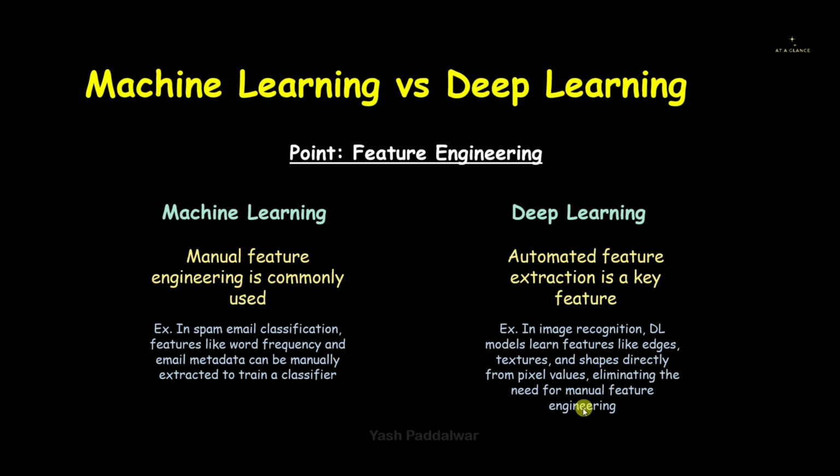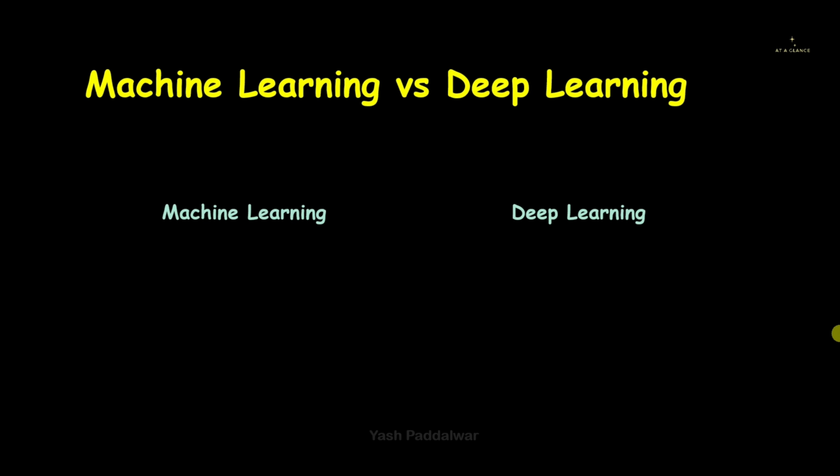That means the unstructured data. Here we do not have to manually extract and feed structured features into the model. We just have to feed the raw data and it will automatically do the feature extraction as well as the modeling. So this eliminates the task of manual feature engineering. I hope this difference between machine learning and deep learning with respect to feature engineering is clear to you all.